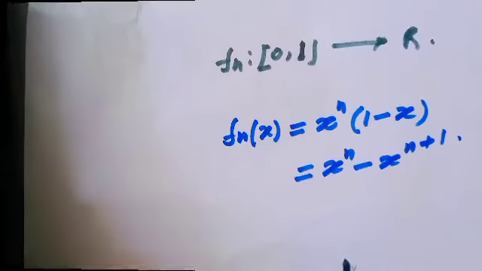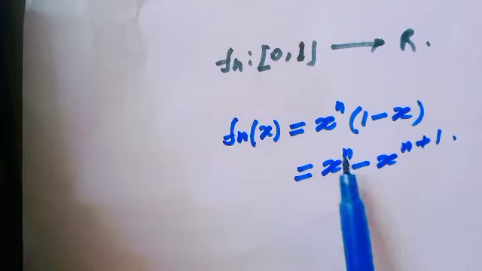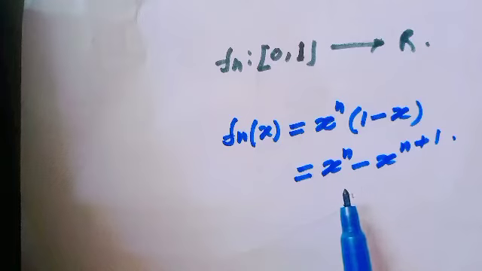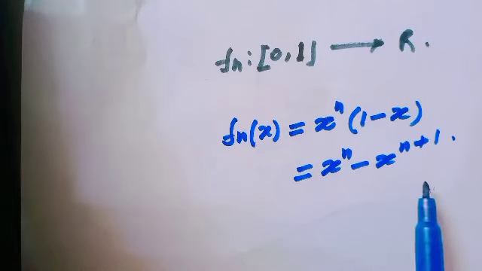We will see another function fn defined from the closed interval [0, 1] to R, and the sequence of functions looks like fn(x) equals x to the power n times (1 minus x). From this we can easily write it as x to the power n minus x to the power n plus 1.